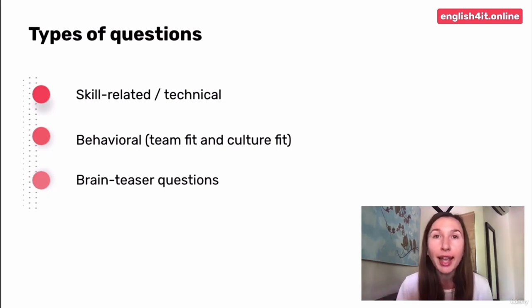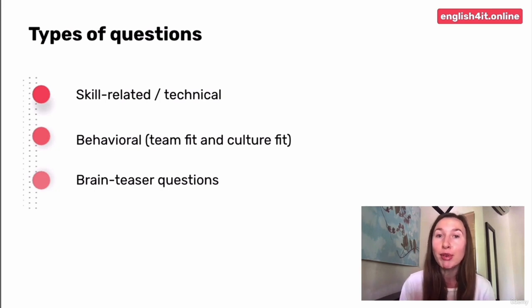Because at the end of the day, we work with other people, and if we can't work with other people, it means that we won't be able to do our job well. That is why you should make sure you prepare equally well for technical questions and behavioral or soft skills questions.